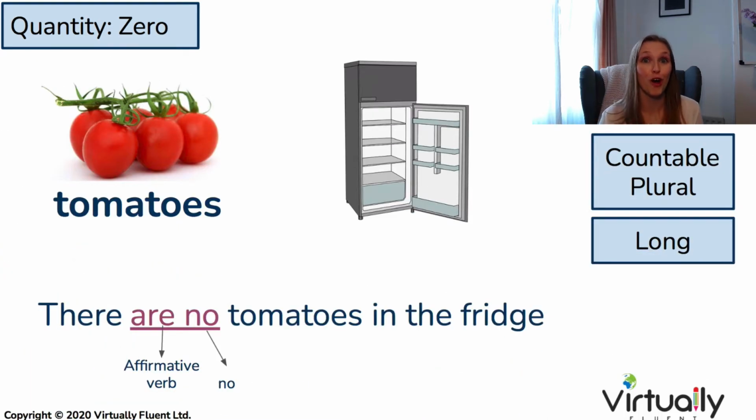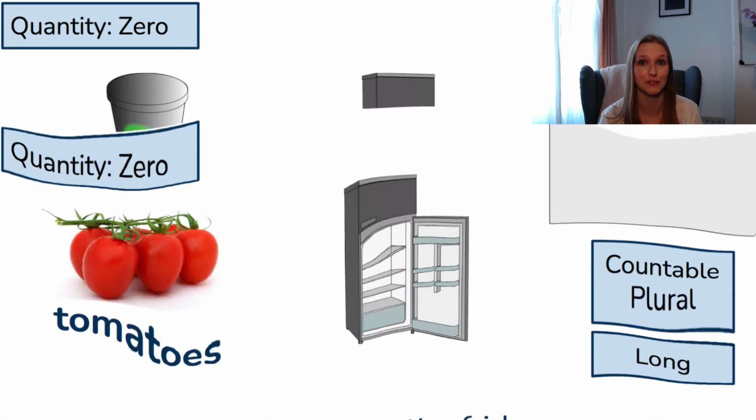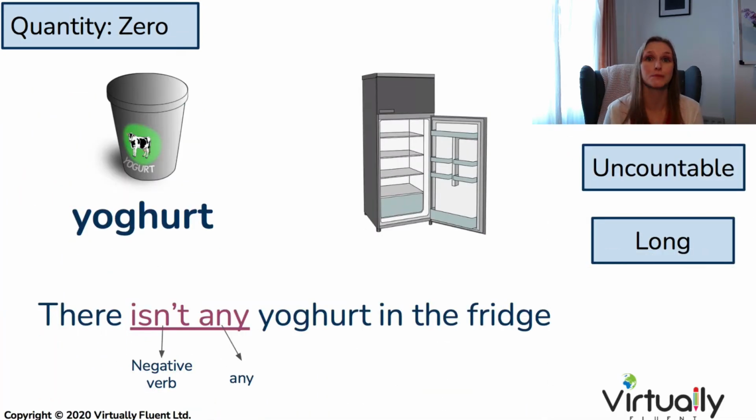However, we do have an alternative method. We can use the word no, but our verb must be affirmative. Quite confusing. There are no tomatoes in the fridge. Now, luckily for uncountable nouns, it's exactly the same as plural nouns. But remember, our verb isn't plural.